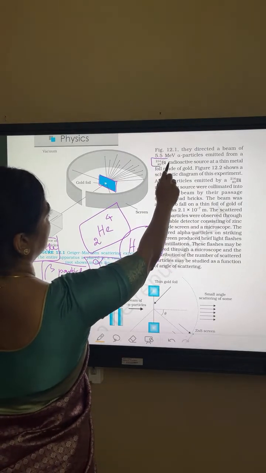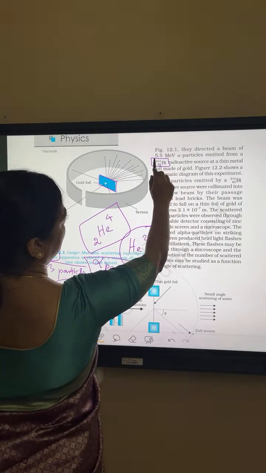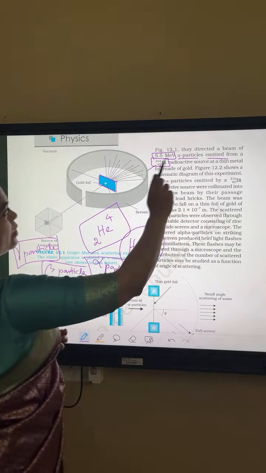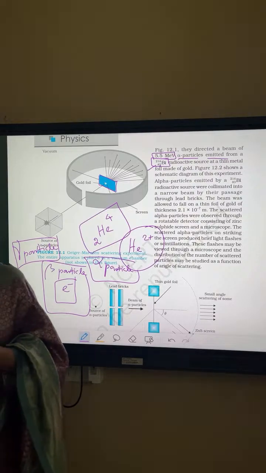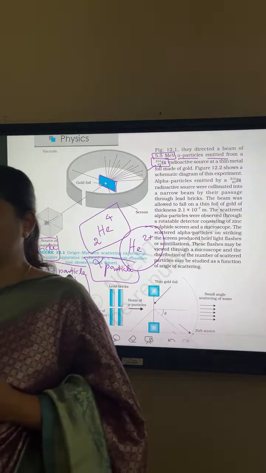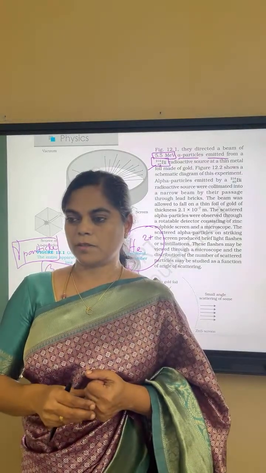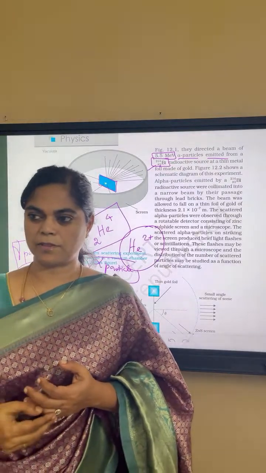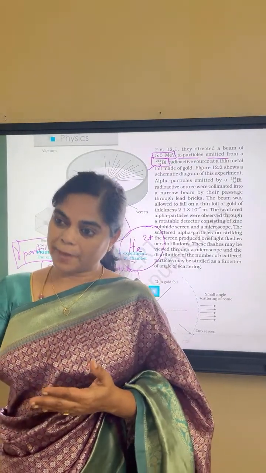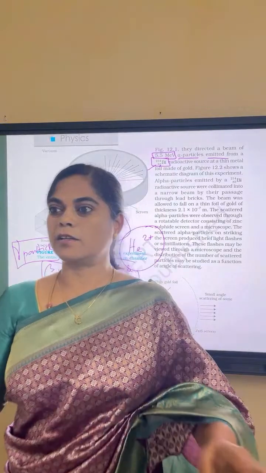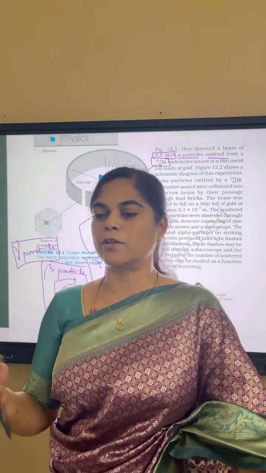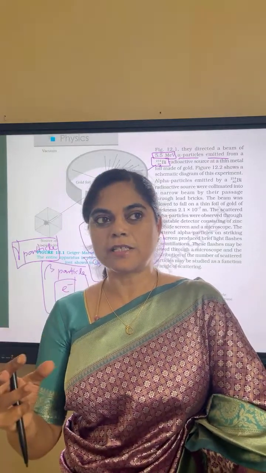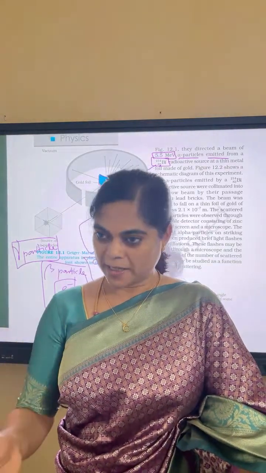So 5.5 million electron volt alpha particles are emitted from a bismuth radioactive source. Bismuth, uranium, thorium, these are all radioactive isotopes. What is the meaning of radioactive? Since you have not had any nucleus lesson in your 9th, 10th, 11th, now only you are going to learn. You must understand the nucleus gets bombarded.